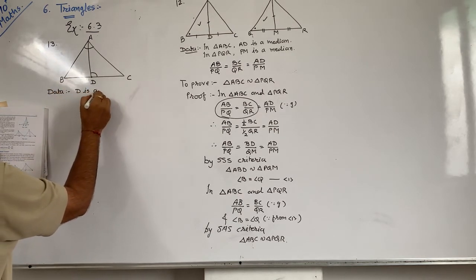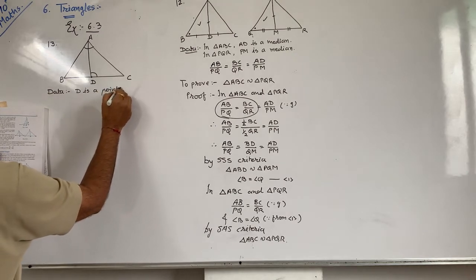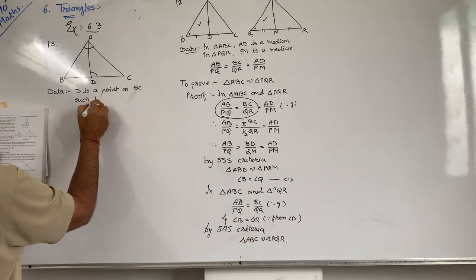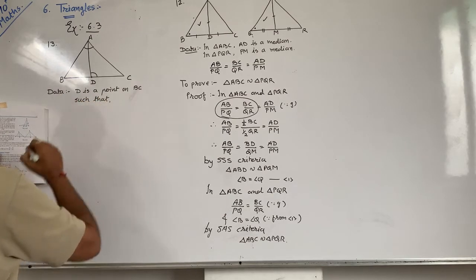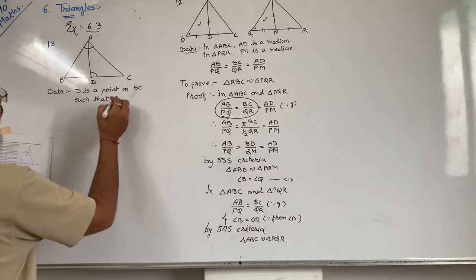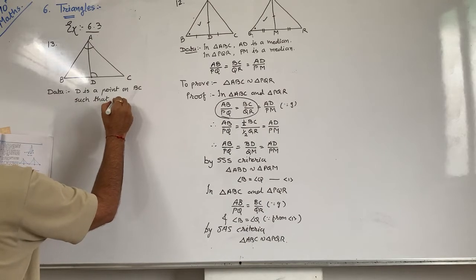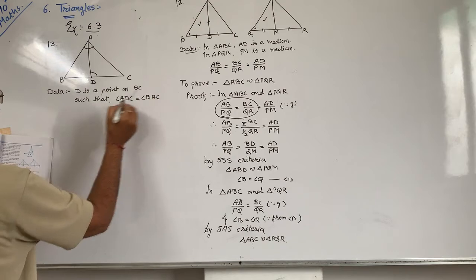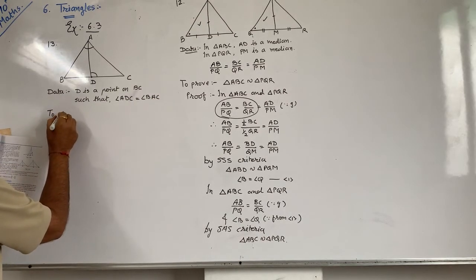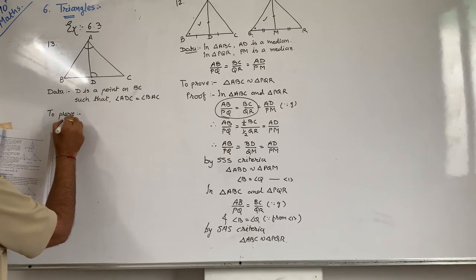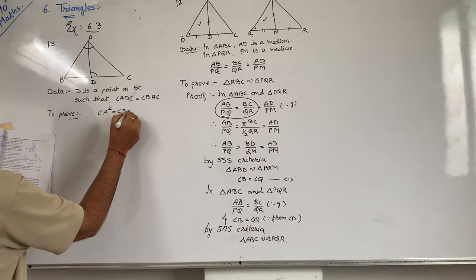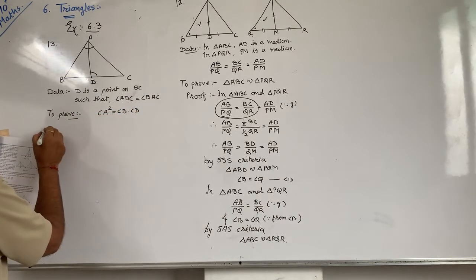D is a point on BC such that angle ADC equals angle BAC. So that CA square equals CB into CD.